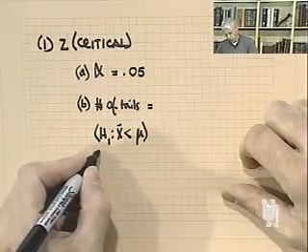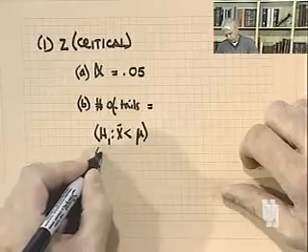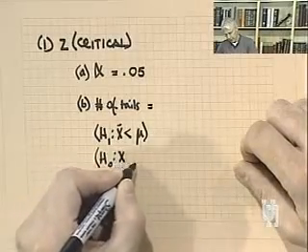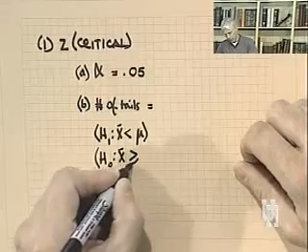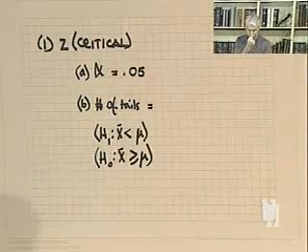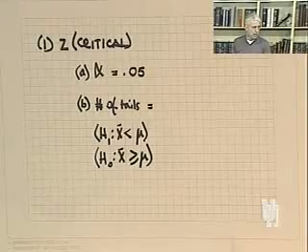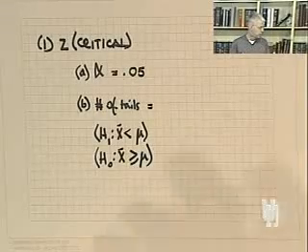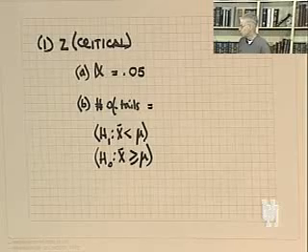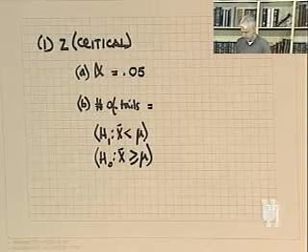Before we go to the number of tails, this means that the null hypothesis is that x bar will be greater than or equal to mu. The null hypothesis is simply all the possibilities not included in the research hypothesis.